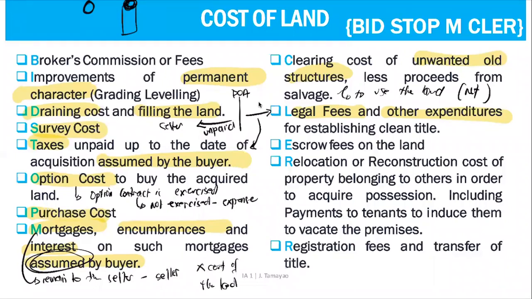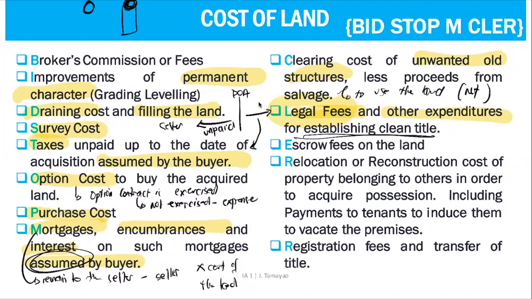So to establish the clean title, meaning para sa'yo lang talaga yung pangalan ng titulo at wala nang gulo-gulo, those are different expenditures incurred in connection with the establishment of clean title, we include it. But normally, it is only known as your legal fees, and the main purpose is to establish your clean title.